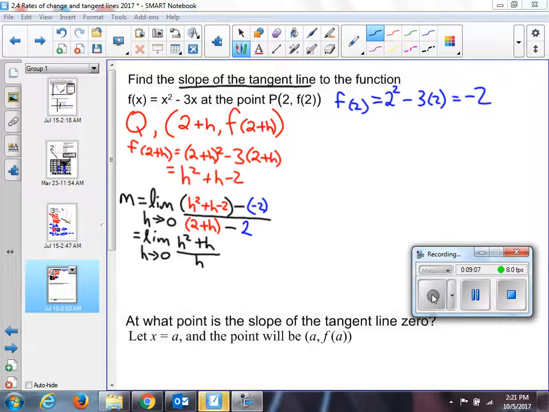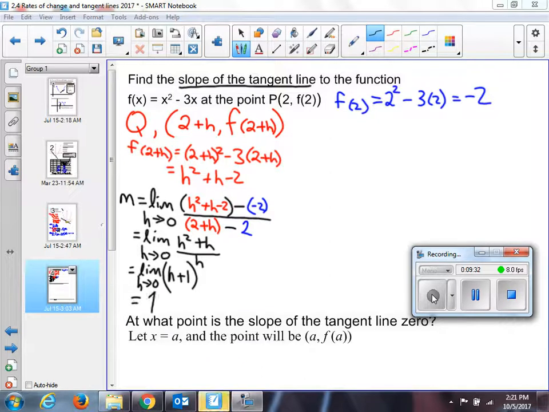This time I'm going to think of it as distributing the division, dividing by h, so it'll turn into h plus 1. The limit of h approaching 0 for h plus 1. I should put a bracket around this. And there we go, it's 1, right?